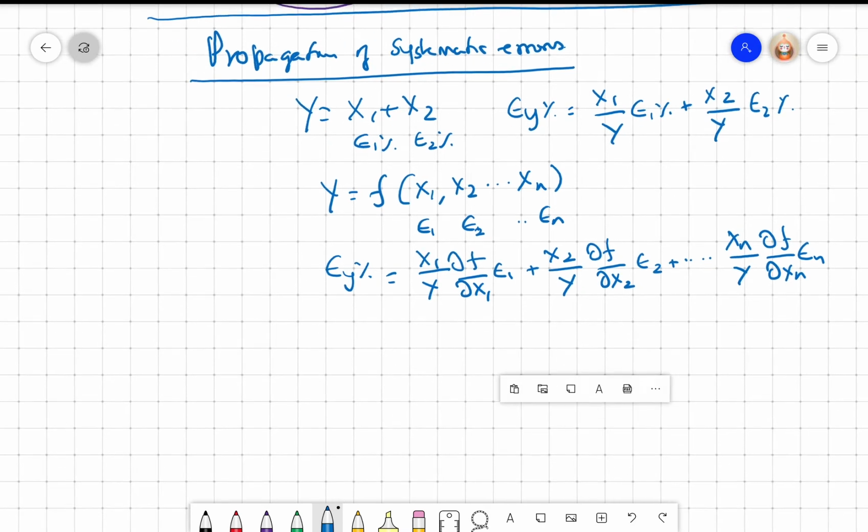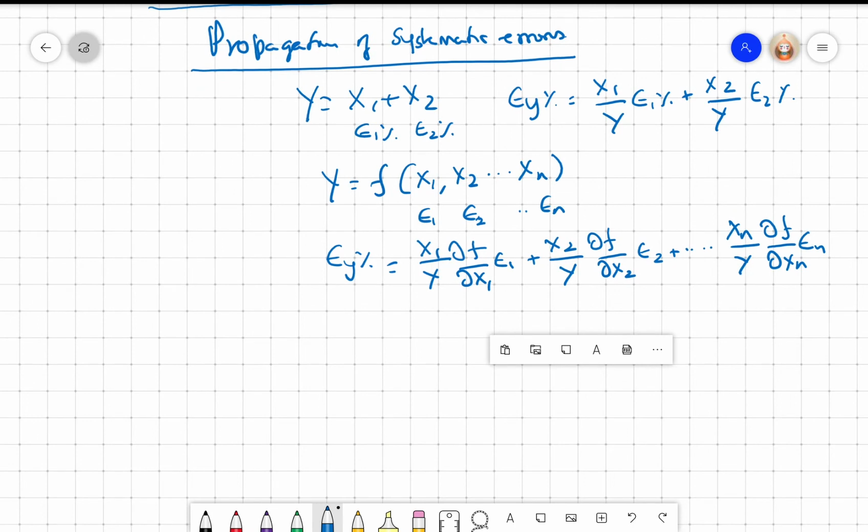And we saw the easy things for addition and multiplication, right? And we can look at the other things.